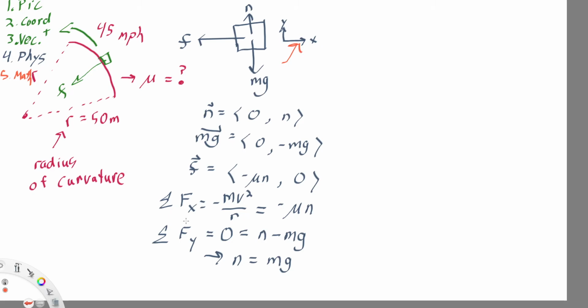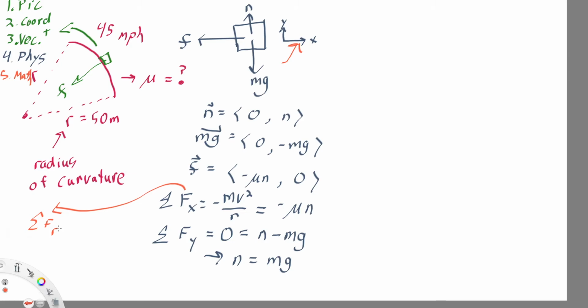Is this Fx that we are finding, is that the centripetal force? Yes. Okay. And in fact, this x direction in the blue picture is the same as the radial direction in the pink picture. And the reason why it's just negative mu N over here is because there are no other forces acting in the x direction, right?